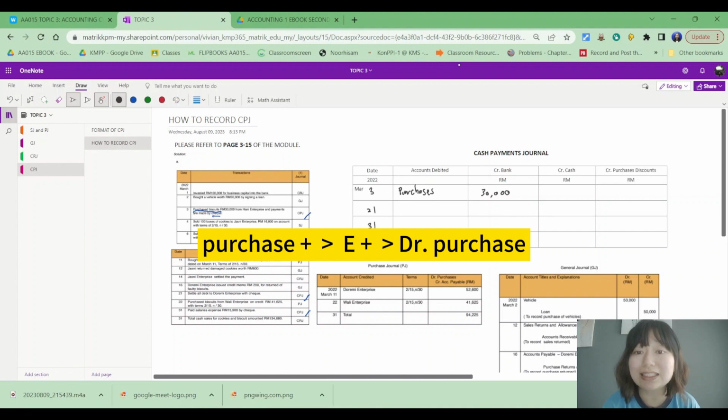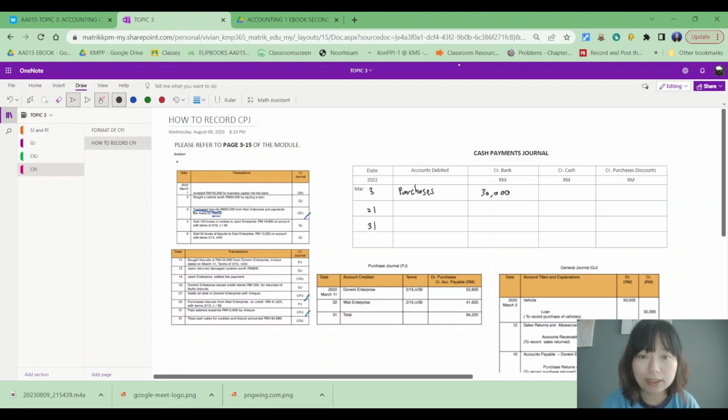Okay, maksudnya expense you bertambah. Dah berlakunya belian. Okay, that's my explanation for 3rd of March. Okay, pretty straightforward.